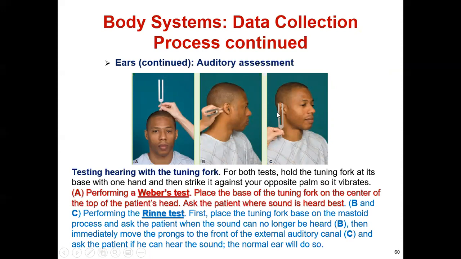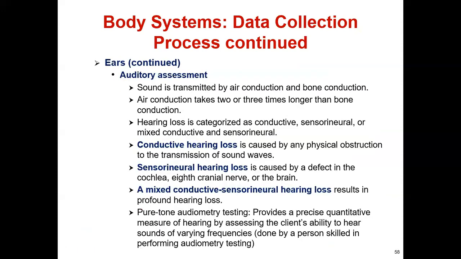When you put the tuning fork in front of the ear, sound is transmitted through the air. We call it air conduction. Air conduction lasts 2 or 3 times longer than bone conduction.